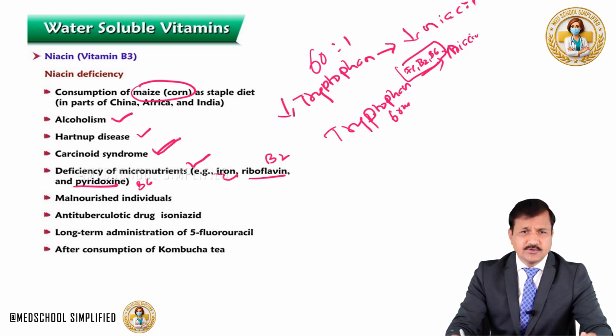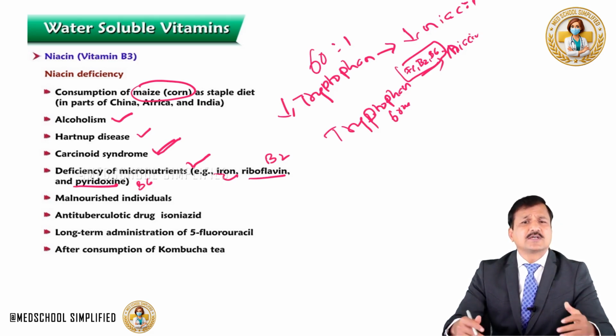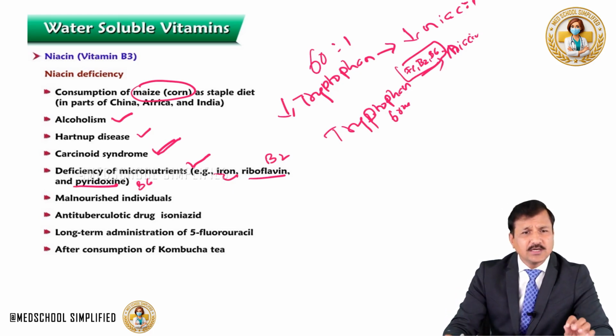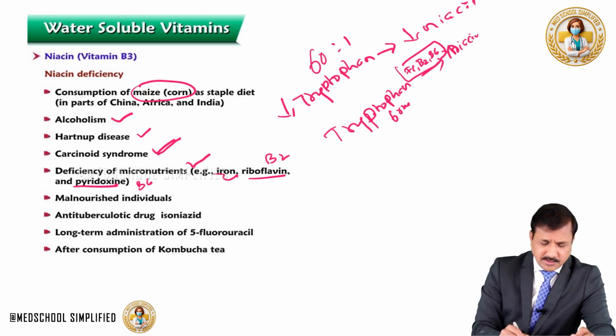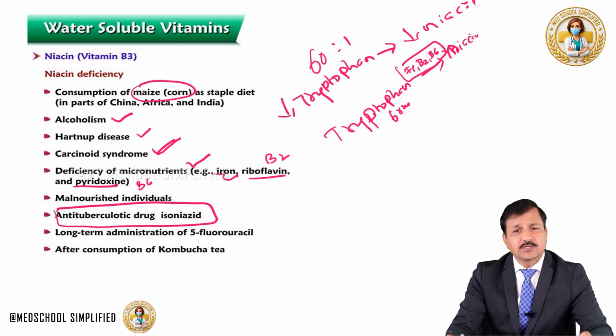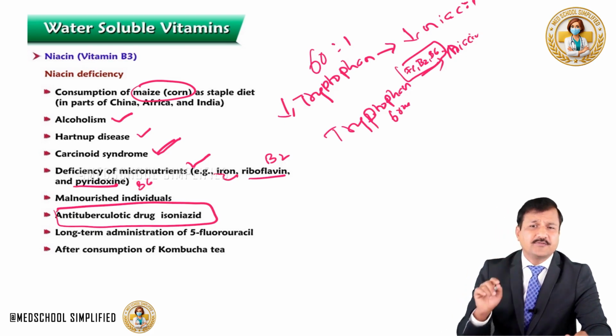Now, malnourished individuals may have niacin deficiency because a good nutritious diet is not taken in. And one of the other important points that we need to remember here is that an anti-tubercular drug like INH may also put someone at risk of niacin deficiency, because INH causes pyridoxine deficiency.